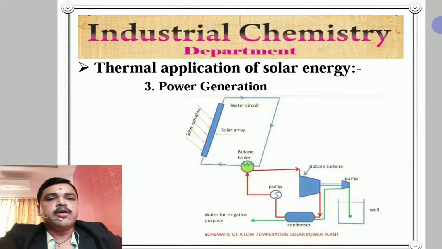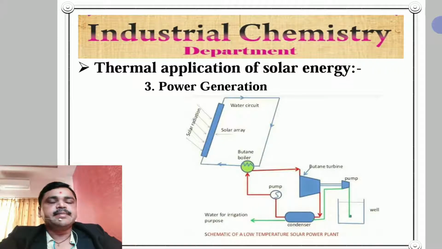The main parts of the power generating system are the flat plate collector or solar collector, the turbine and the condenser. The energy of the sun is collected by water flowing through the array of flat plate collectors. In the above lecture, we studied the array. When more than one flat plate collector is arranged together, this type of system is known as an array.